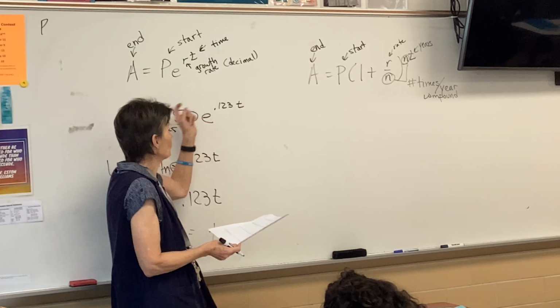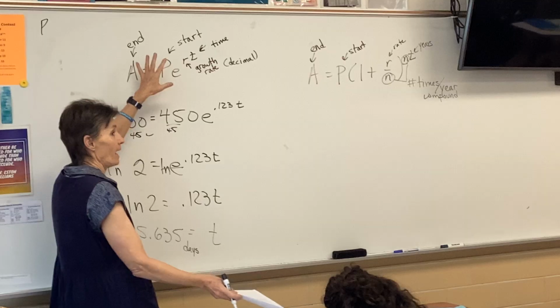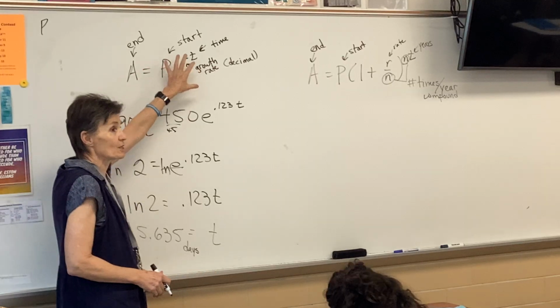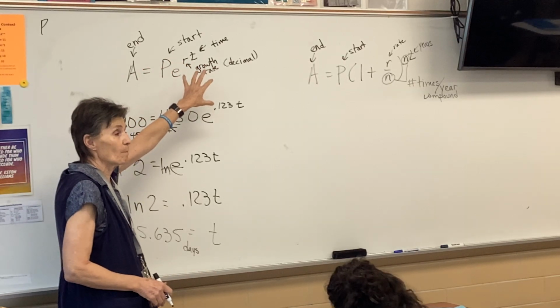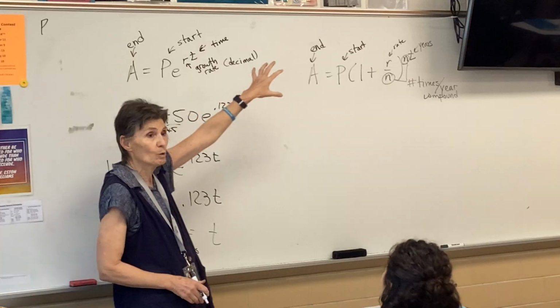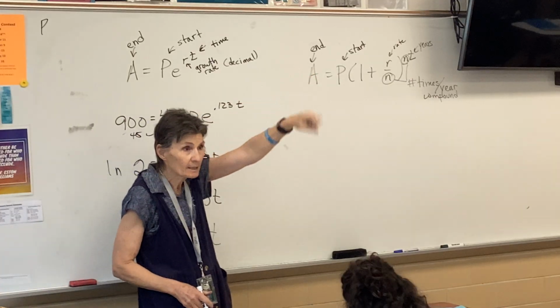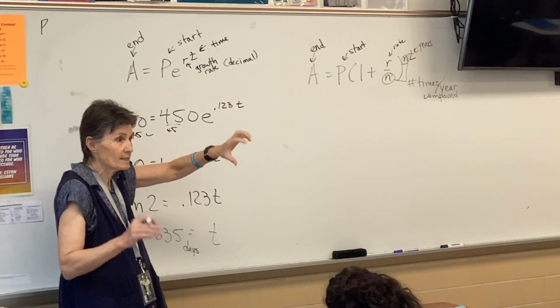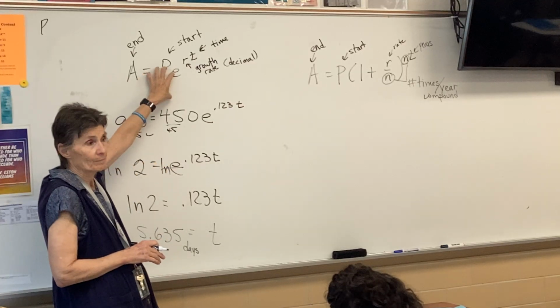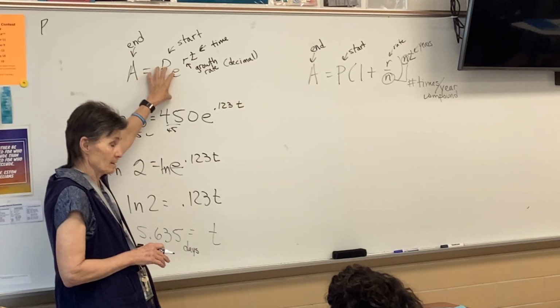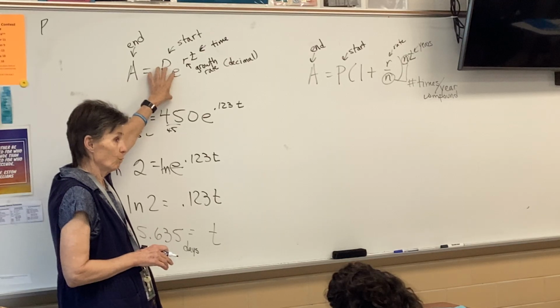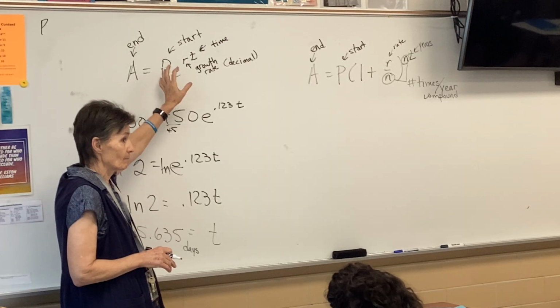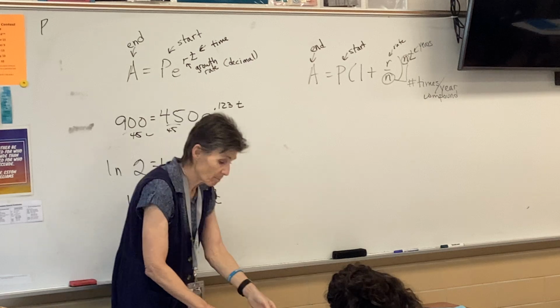If you wrote down what I told you, this is the formula we use if the problem contains the word continuously. As soon as you see that word continuously, it's PERT, regardless of whether it's money or not. So this is a PERT problem.